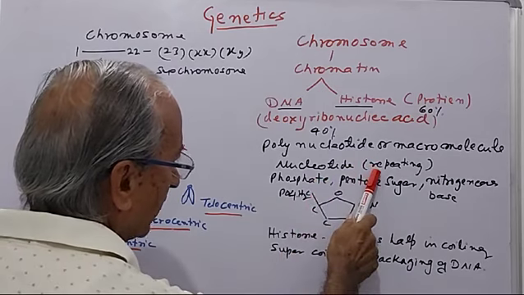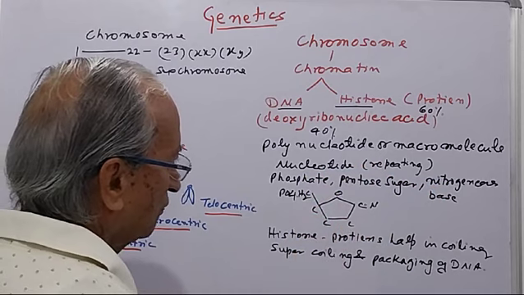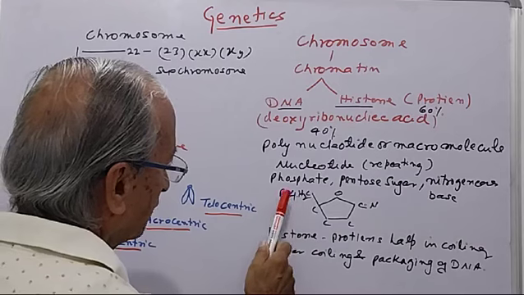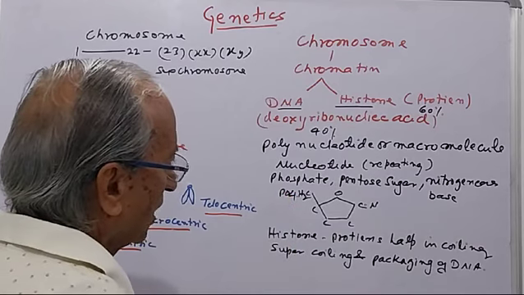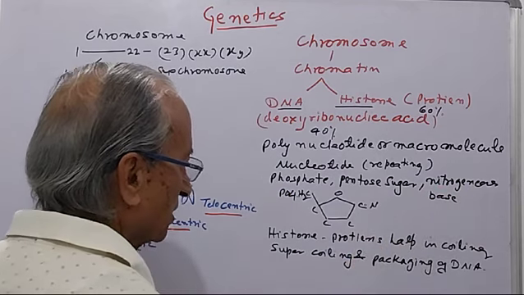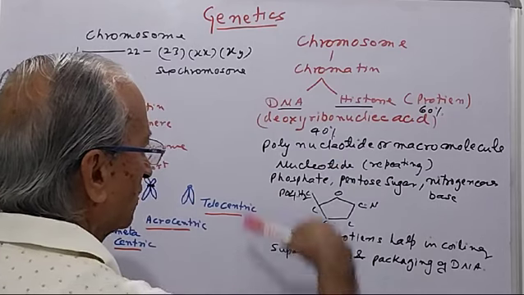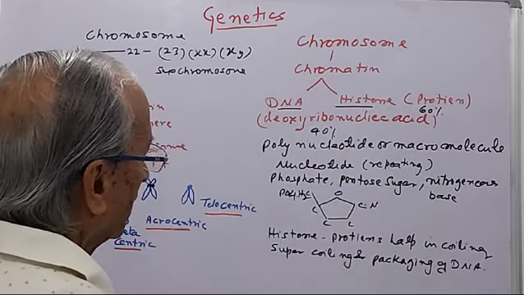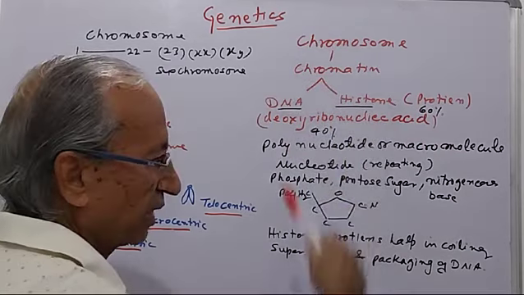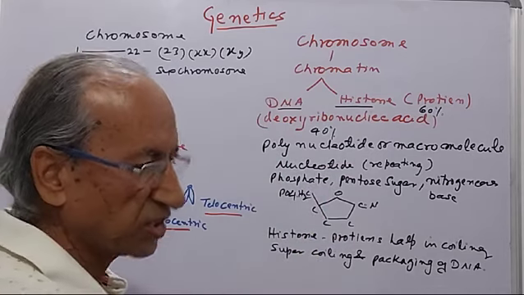Now this nucleotide has three substances: a pentose sugar with 5 carbon atoms; at one of the carbon atoms it has a phosphate group, and at another carbon atom it has a nitrogen base. This is the single nucleotide which forms a polynucleotide. Now this DNA forms a long strand, and it is a double helix structure.